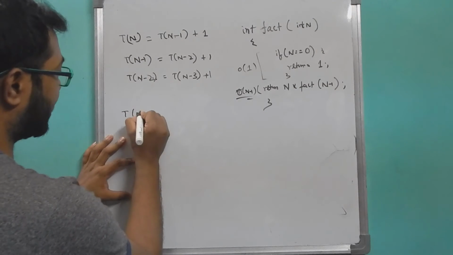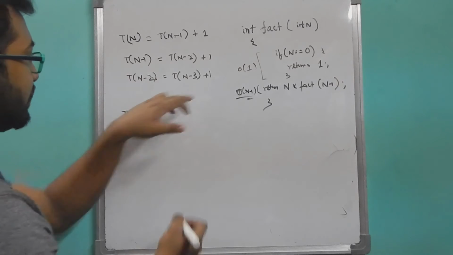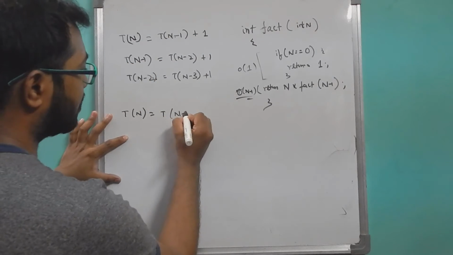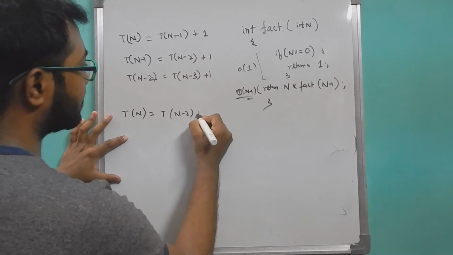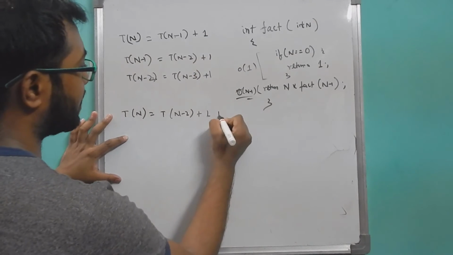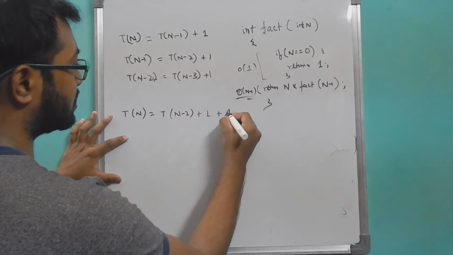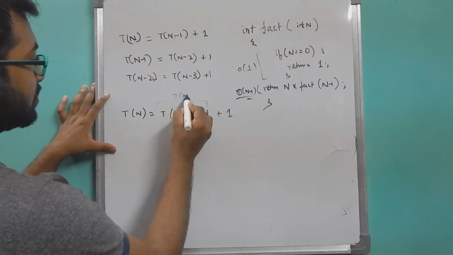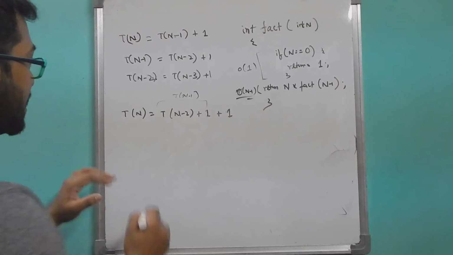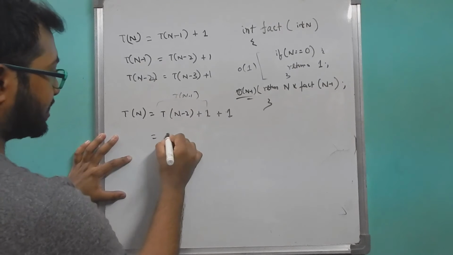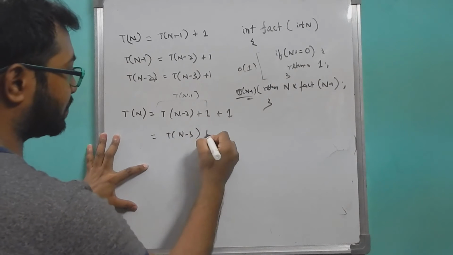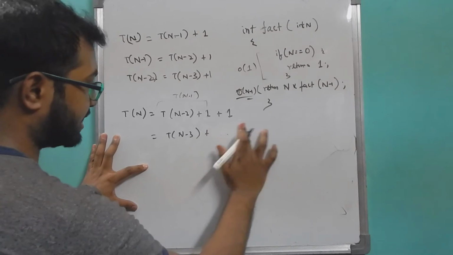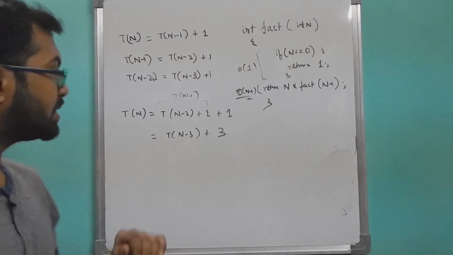T of n equals T of n minus 1, which becomes T of n minus 2 plus 1, plus the 1 from this one. Now we can write T of n minus 3 plus 1 plus 1 plus 1, or I can just write 3, right?